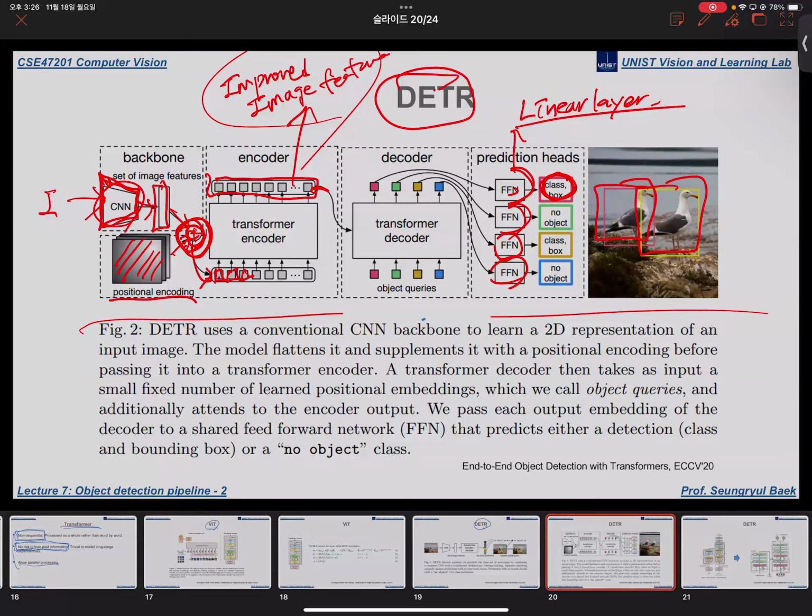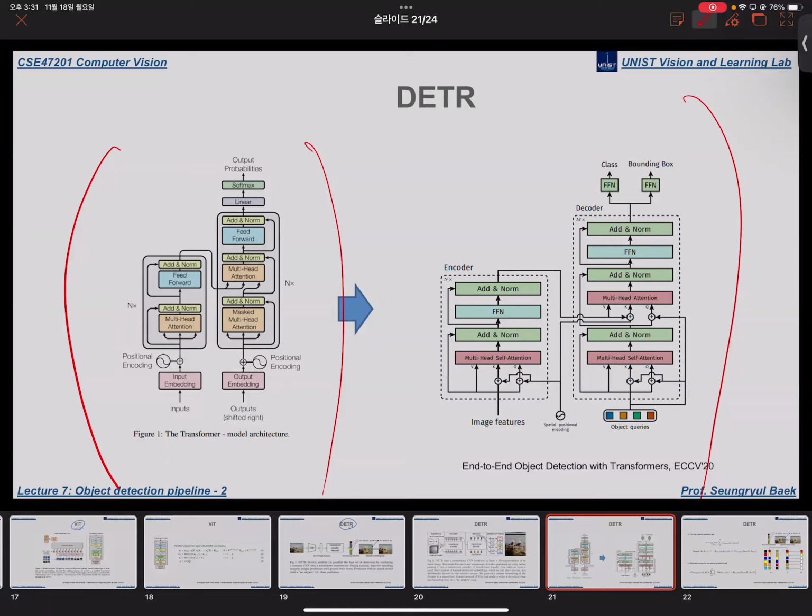So actually, this is the transformer in the NLP domain. The left is the transformer in the NLP domain, which operates in a sequential manner for the decoder. But here you can see the decoder inputs are now the object queries.